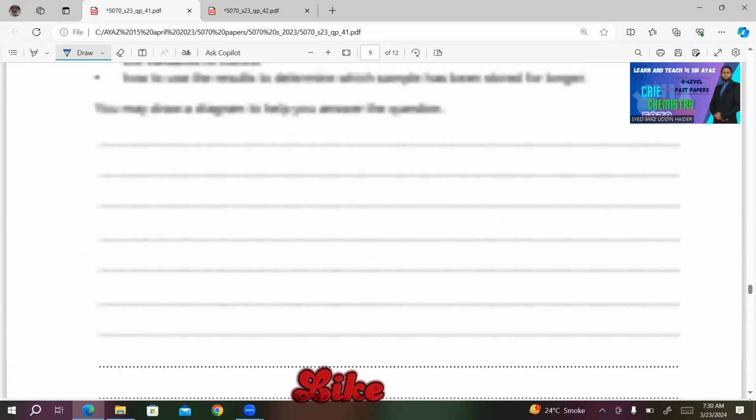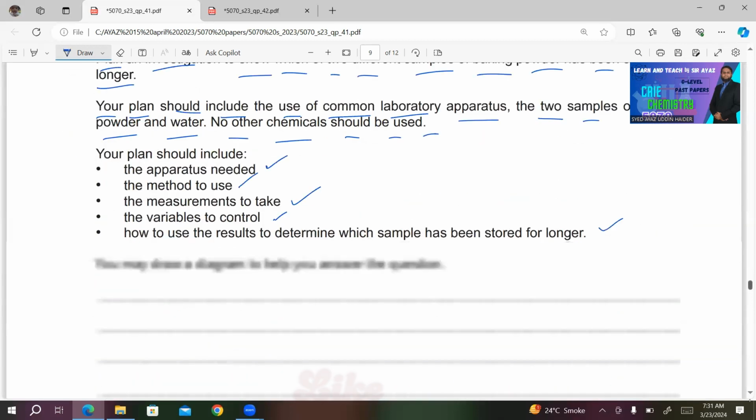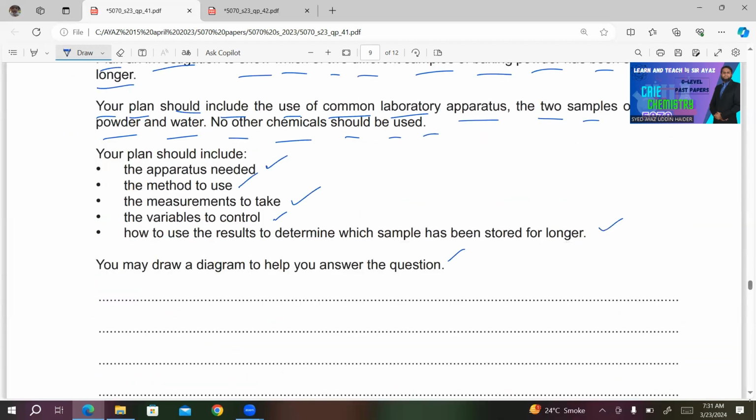So how these marks are divided for this question is that you can write one for these, one you can draw a diagram for balance, test tube or conical flask. You can even draw the equipment used to measure the volume in order to get the 1 mark.